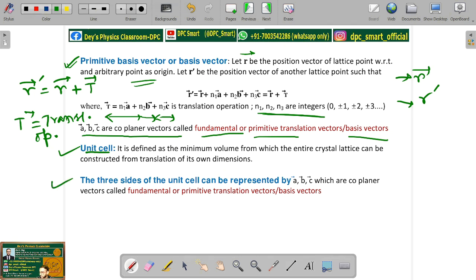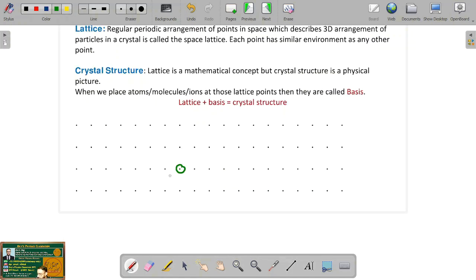And three sides of that unit cell can be represented by these three fundamental primitive translational vectors, a vector, b vector and c vector, which are coplanar vectors, also called primitive translational vectors or basis vectors. Now, suppose these are the lattice points where we take this as origin.